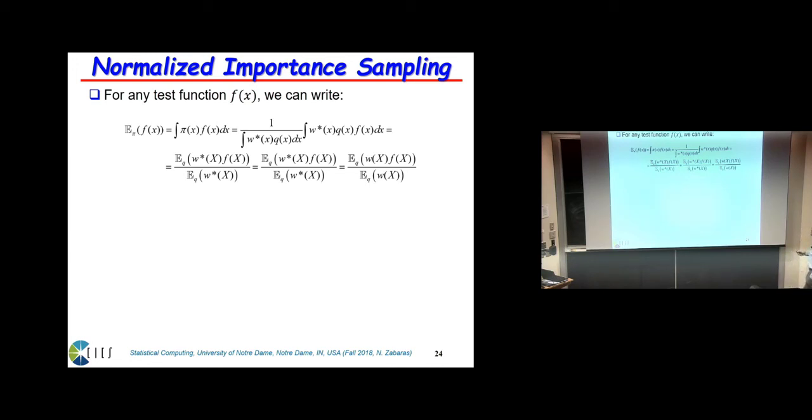So the estimator now, I want you to give me your thoughts here. If we only know w star, all right, to estimate this expectation, we can only approximate it as what? As the ratio of what?